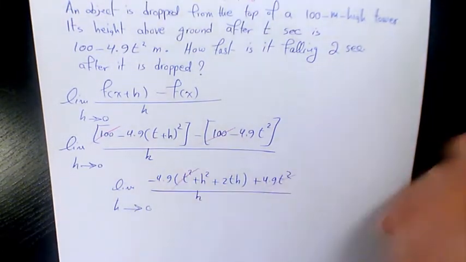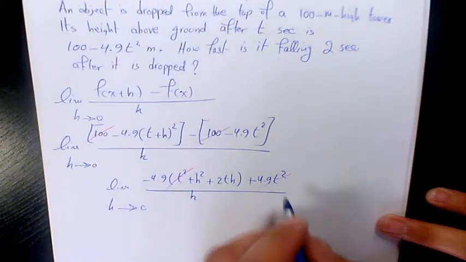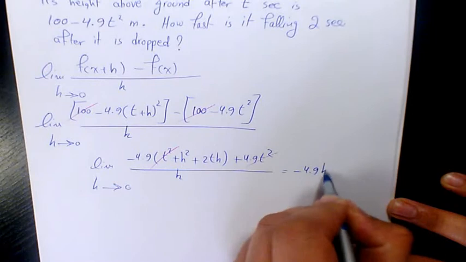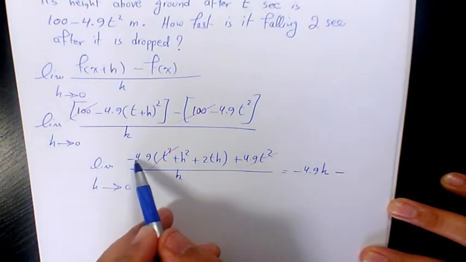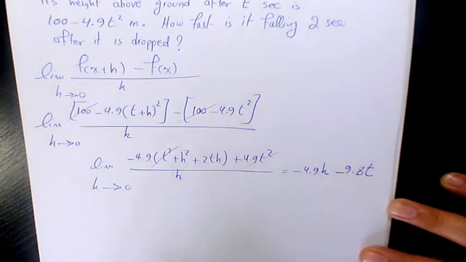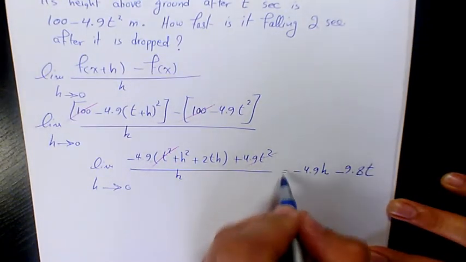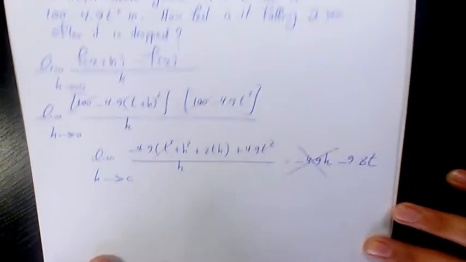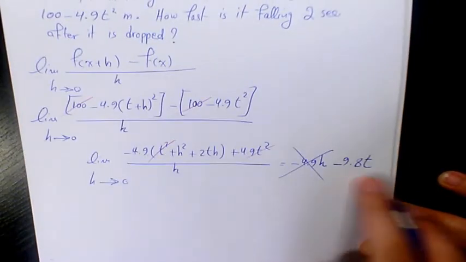These two parts cancel out, and h from the numerator and denominator cancels out. It's going to be negative 4.9h minus 4.9 times 2 is 9.8 t. And the limit when h goes to 0, this part is going to be 0, so we have negative 9.8 t.